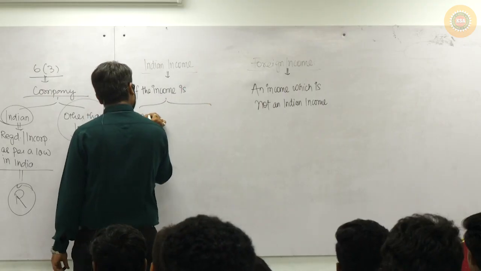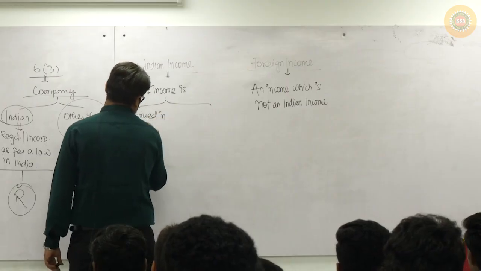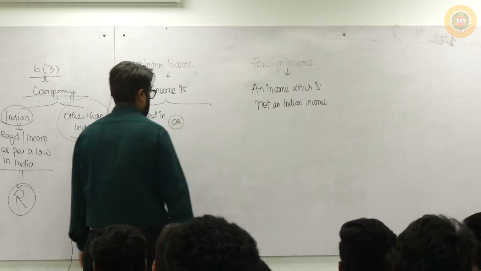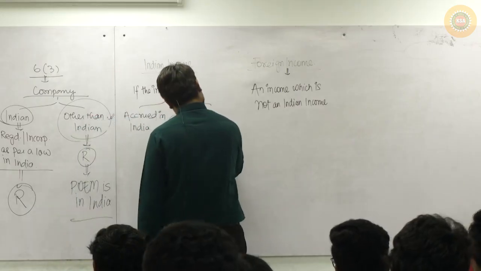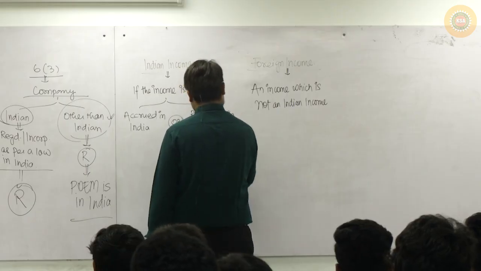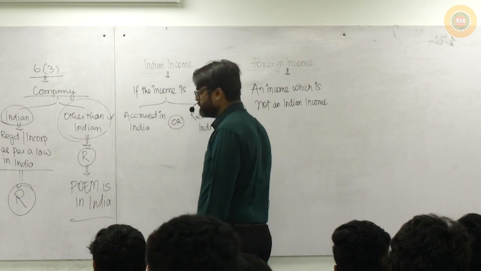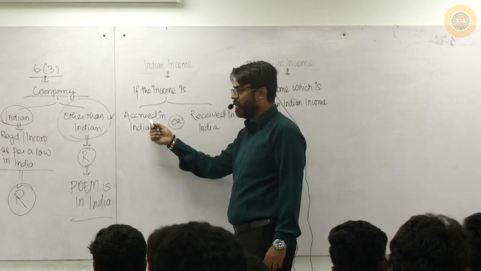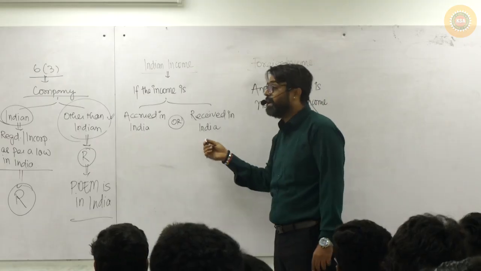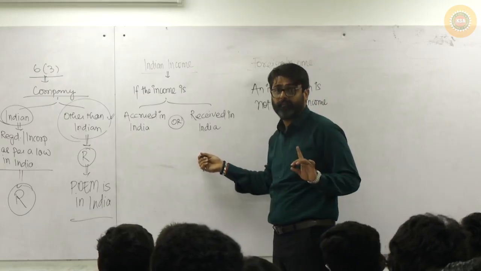So when will an income be treated as Indian income? If the income is accrued in India, or received in India. Either the place of accrual should be India, or the place of receipt should be India.